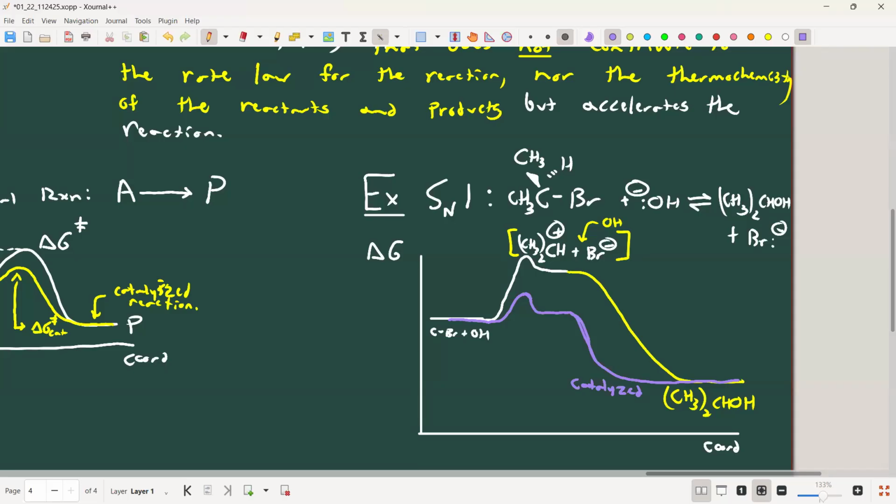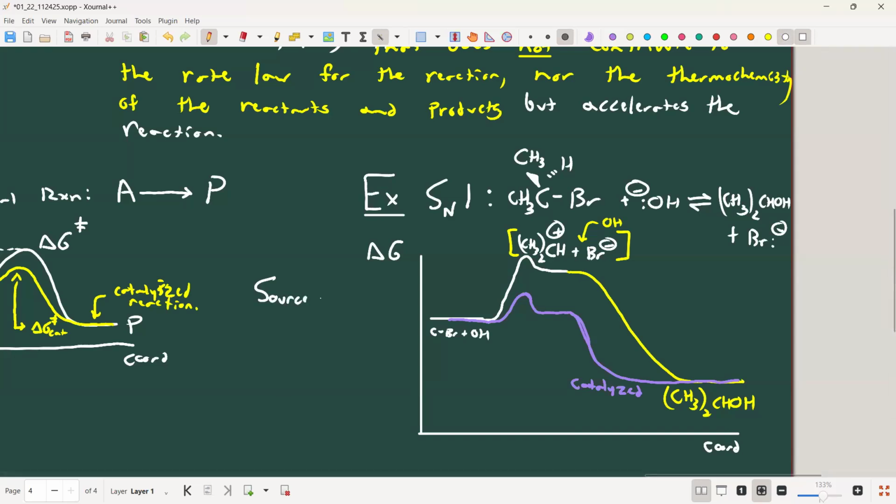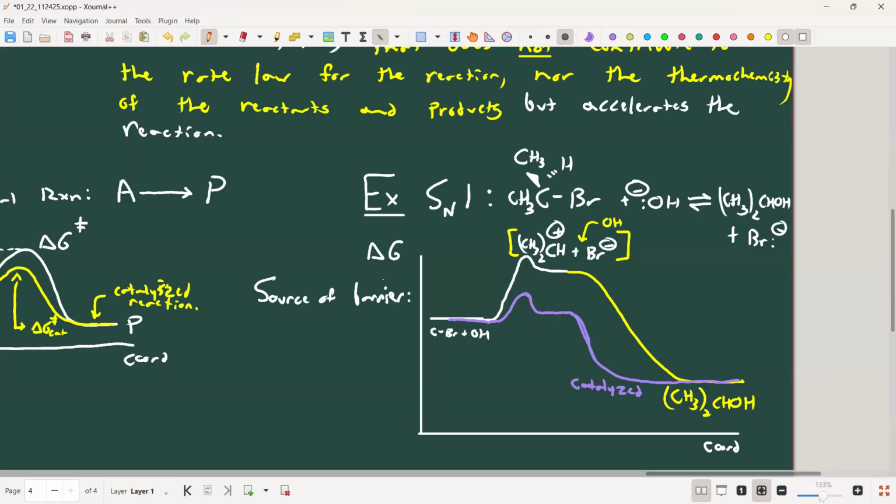Well, what we need to identify is what is ultimately making this hard? What is causing this to have barriers? So the source of the barrier, well, there's kind of, in some sense, two problems. One is that it costs energy to break it apart.